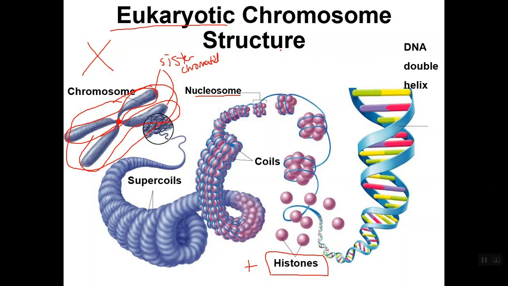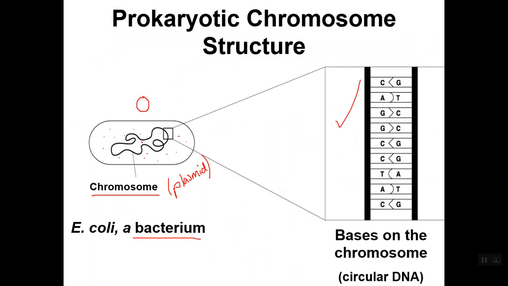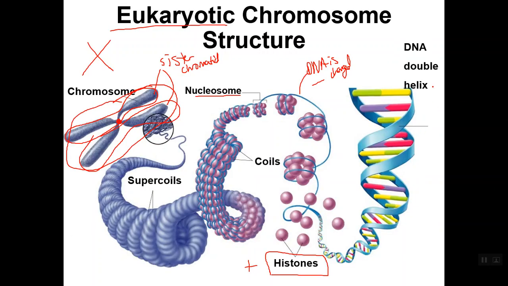And the DNA is actually negatively charged. So DNA, right up here, is negatively charged, and it wraps around the positively charged histones. That's how it's able to condense into that visible chromosome that you're probably a little bit more familiar with looking at, right? But at the molecular level, when you get all down to it, DNA is a double helix, which we'll talk about, and it has the A's, the T's, the C's, and the G's, just like the bacterial DNA does. That's not any different in that regard.